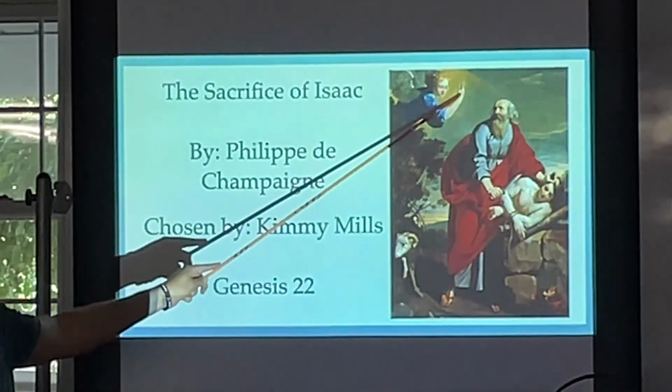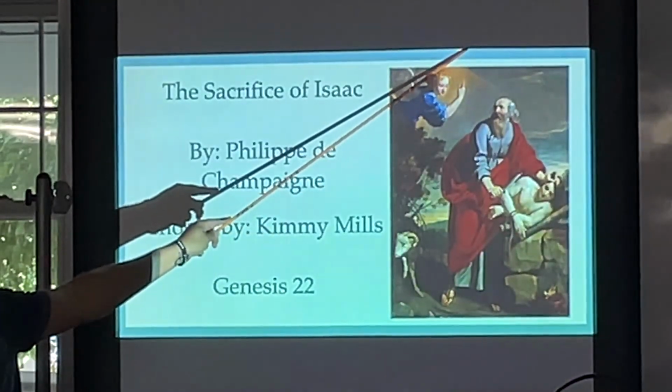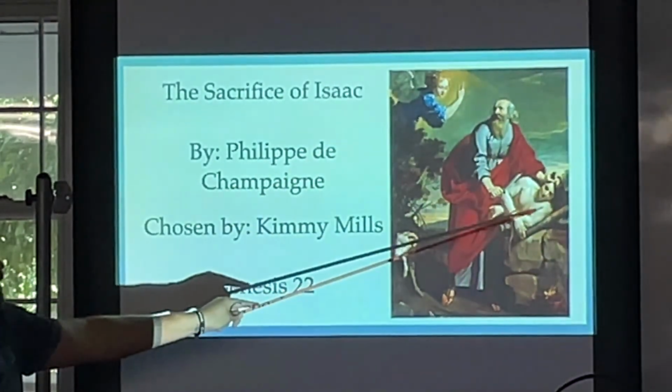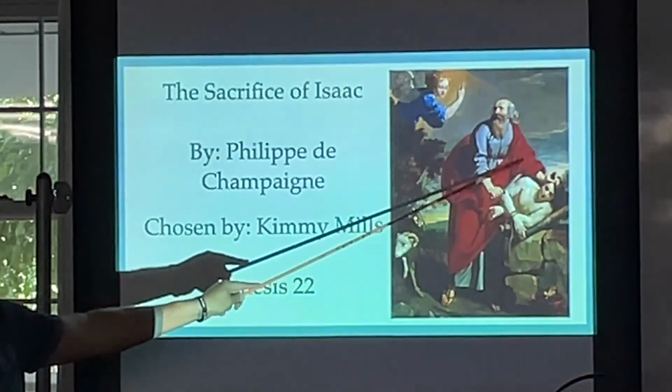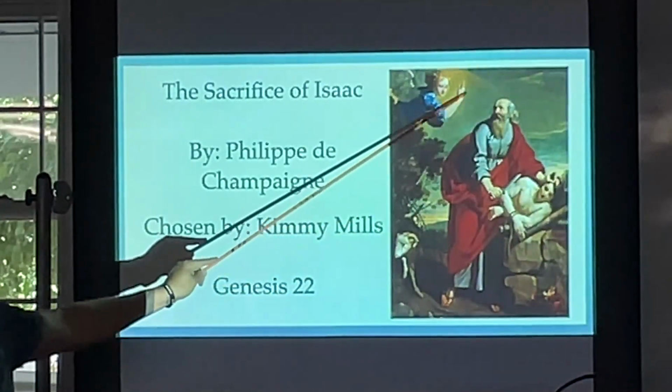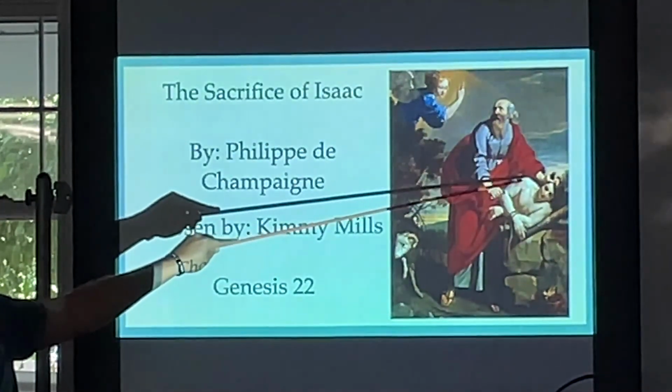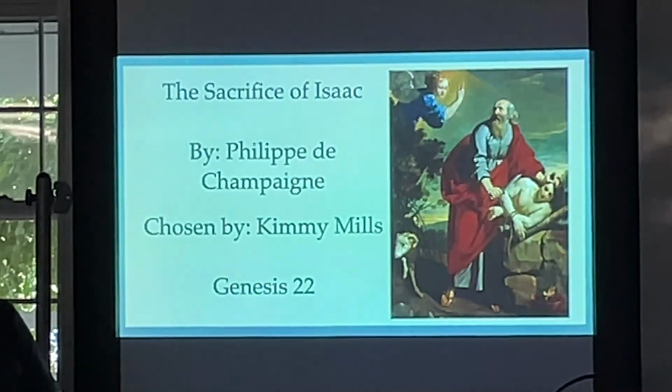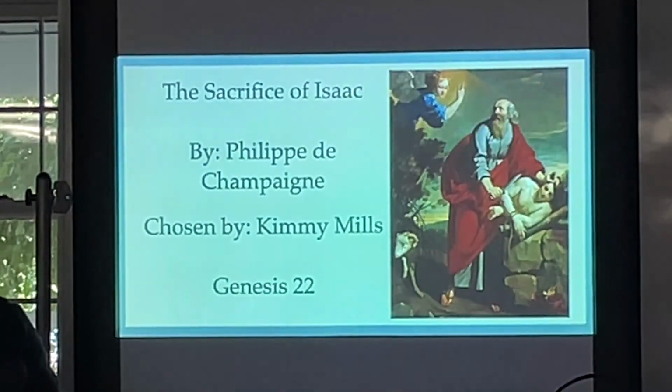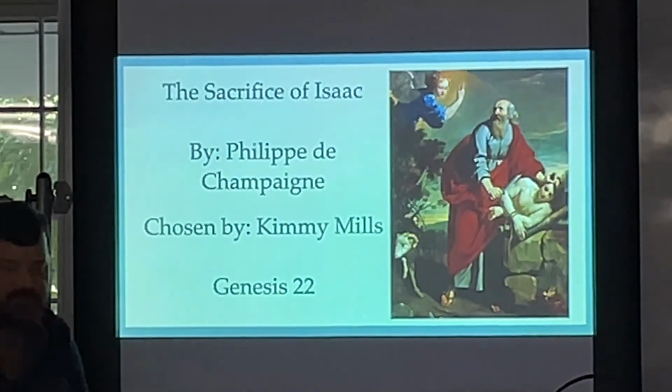Is the angel saying lift him up, or pointing upward? Either don't lift him up, or this is what God is telling you. This is not for me, this is for God. That's probably where I would go with the interpretation.